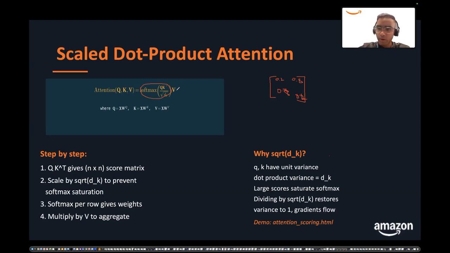I want my outputs O1, O2 to be the weighted average of my value vectors V1 and V2.